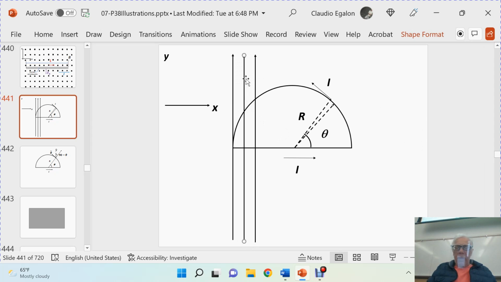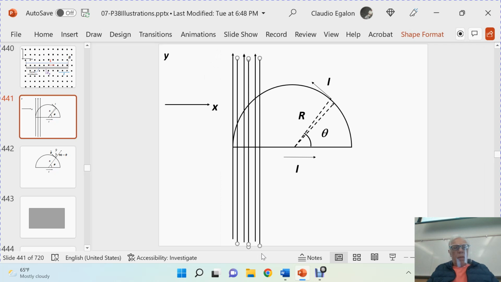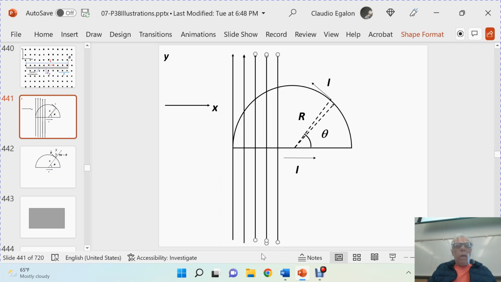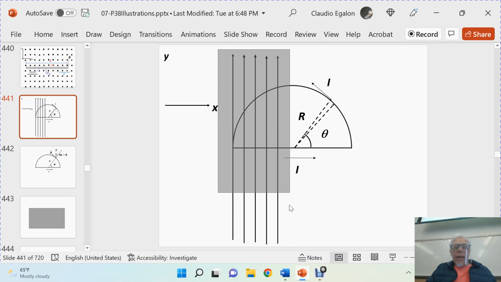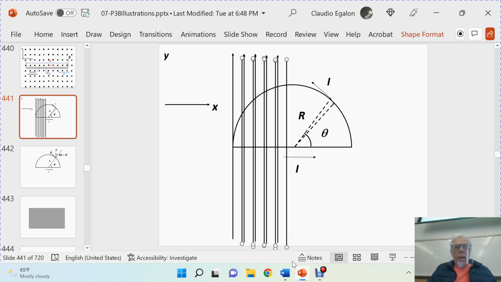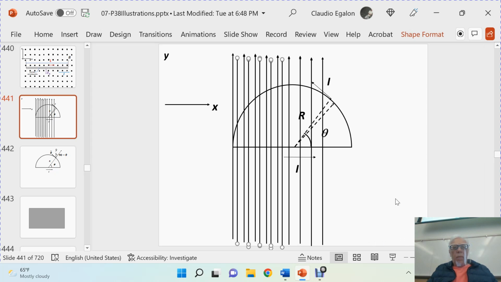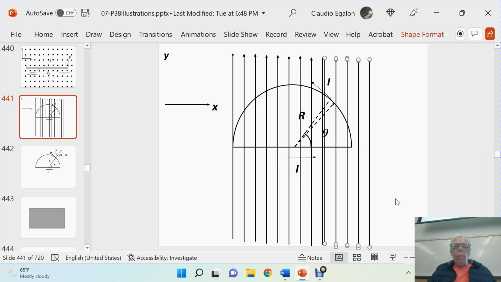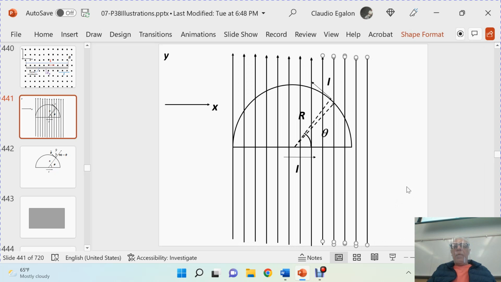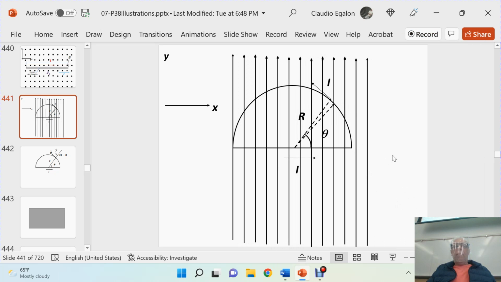Let's look at this problem carefully. Magnetic field in the positive y direction.